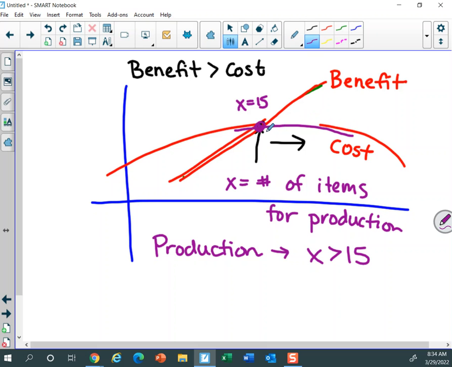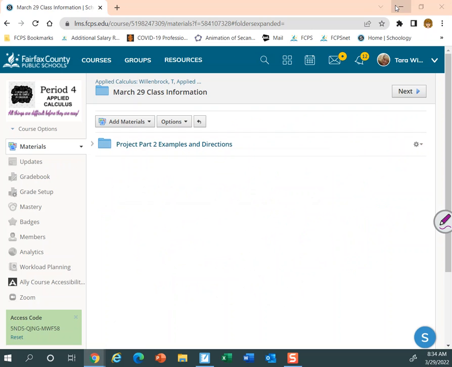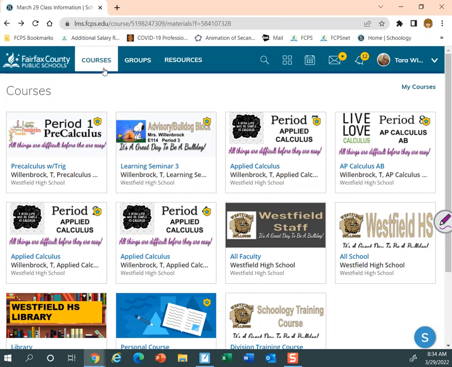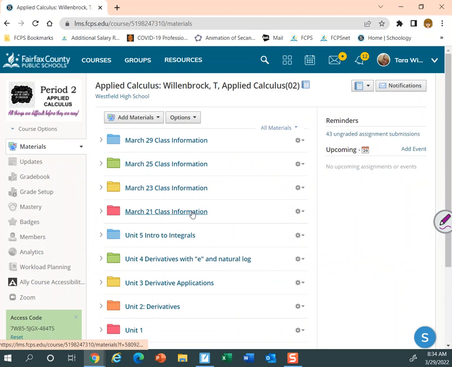I think that details most of what you would need for the lab assignment. And if you're still sitting there going, I don't really know what you're talking about, Ms. Willenbrock, you keep saying there's some lab assignment and I don't know where that is. Here's where it is. And here's where everything is from last week. So I did a folder for Monday, I did a folder for Wednesday, I did a folder for Friday.